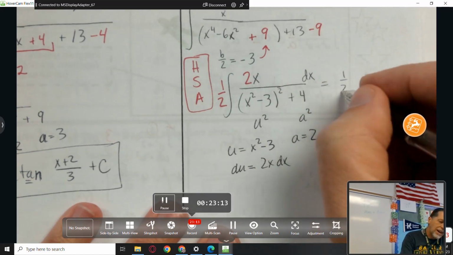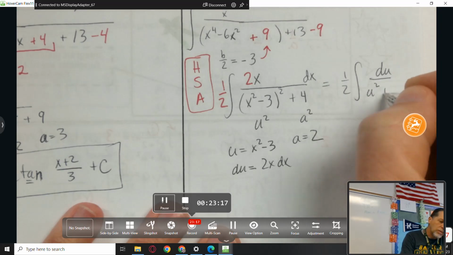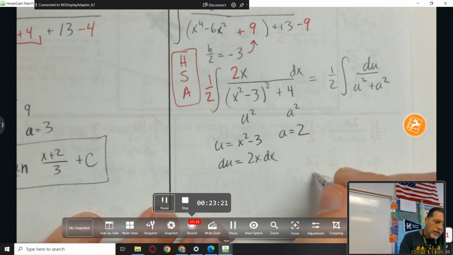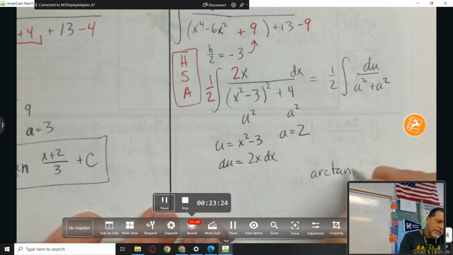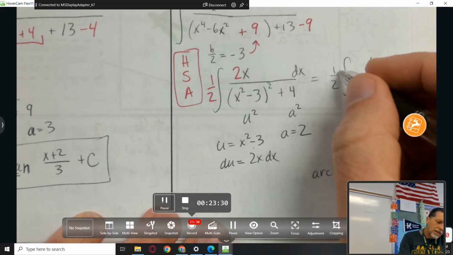So 1/2 du over u squared plus a squared. It's definitely arctan now. Arctan u over a, times 1/2. Well, that's for the front of it.